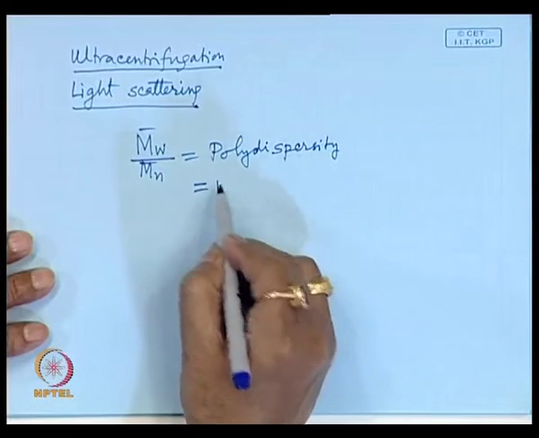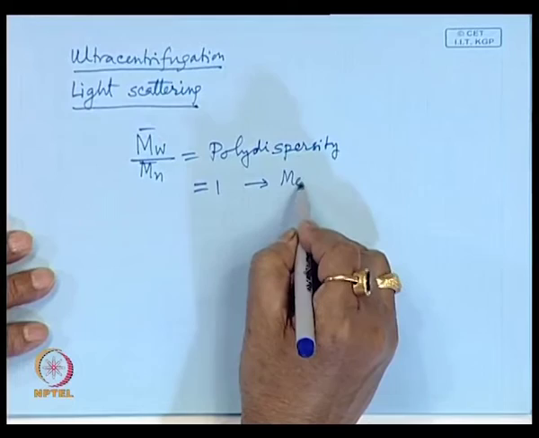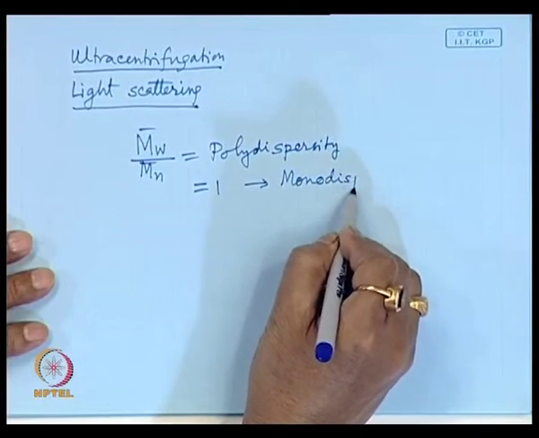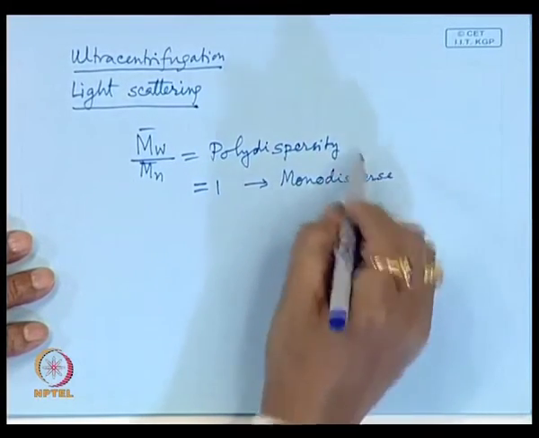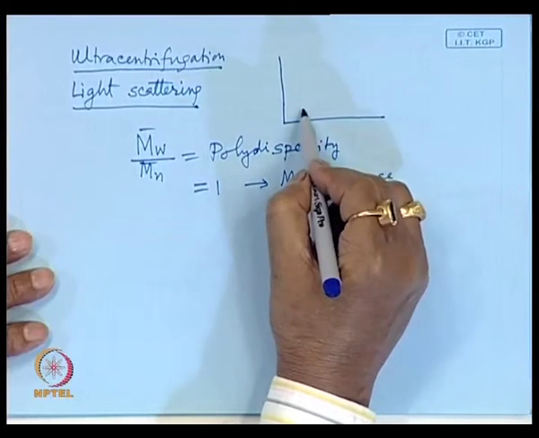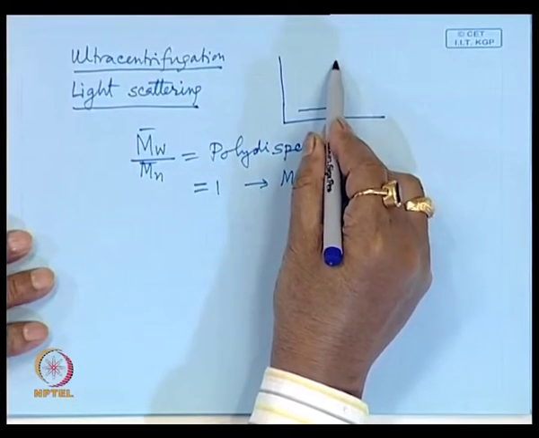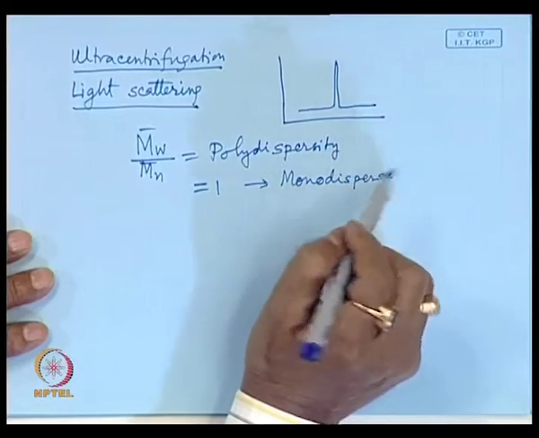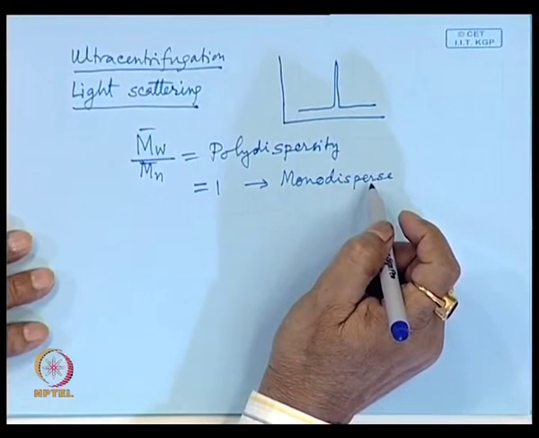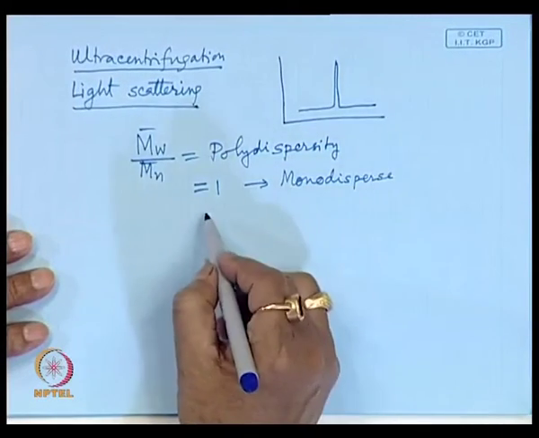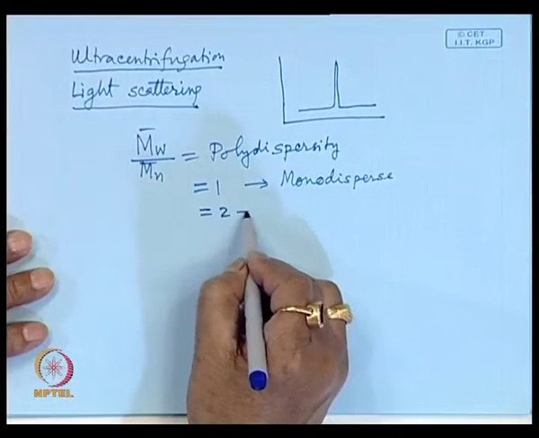If this is equal to 1, this is known as monodisperse. In that case, the distribution curve will look like this, very sharp, monodisperse.